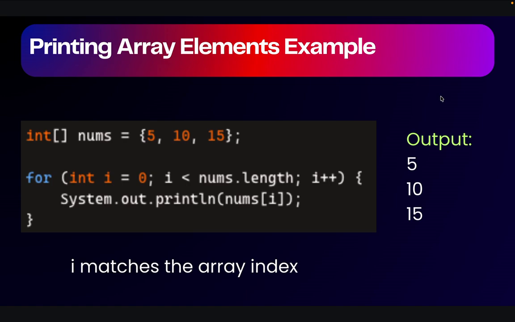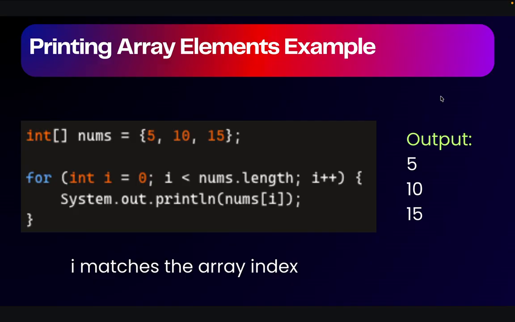It runs 3 times because there are 3 items in the array. All it's saying in this case is to simply print out the element at the index of that array.